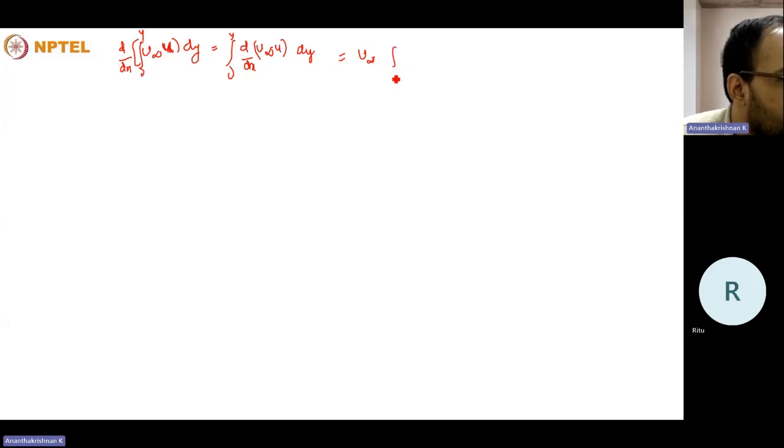It will be the integral from 0 to y of d by dx of u dy, plus the integral from 0 to y of du infinity by dx into dy.